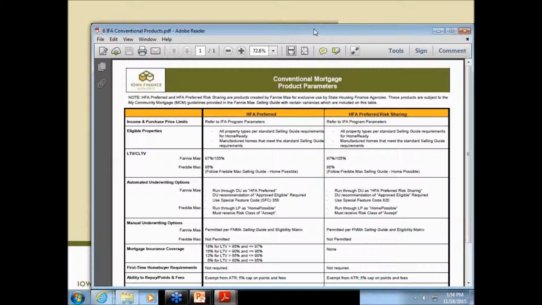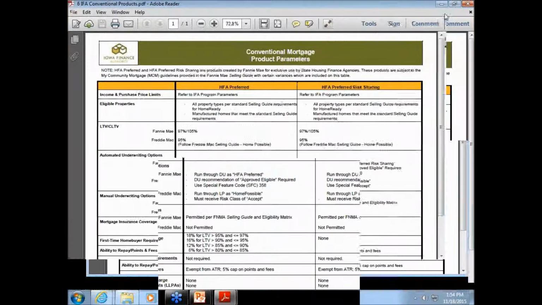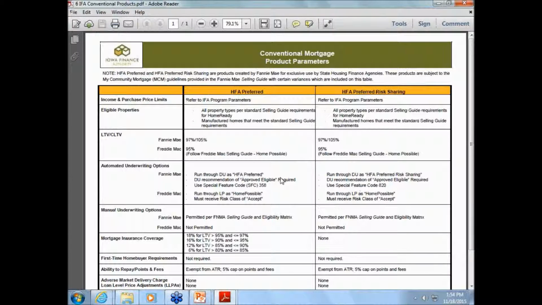So I think the biggest thing to point out about the HFA preferred is that it was simply a variance. So it followed My Community Mortgage, as it says in the note at the top. It followed My Community Mortgage guidelines with certain variances which are included on this table. So up until December 1, you're following My Community Mortgage, and now HomeReady is replacing My Community Mortgage.